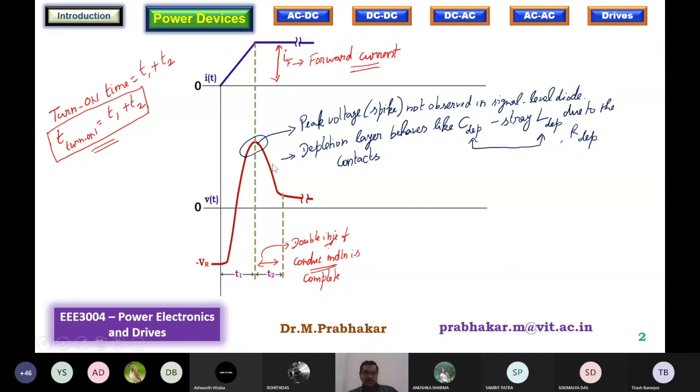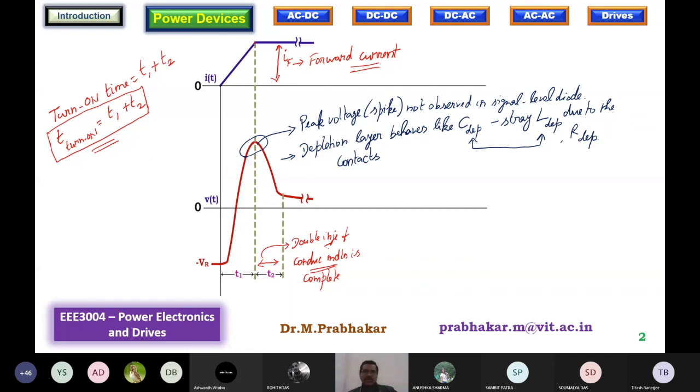Next is turn off process. It is exactly similar to the reversal of the turn on process. See, in turn on, what did we do? Firstly, we reduced the thickness of the depletion layer, and then conductivity modulation, double injection started. Then there was establishment of excess charge carriers. 3 points.